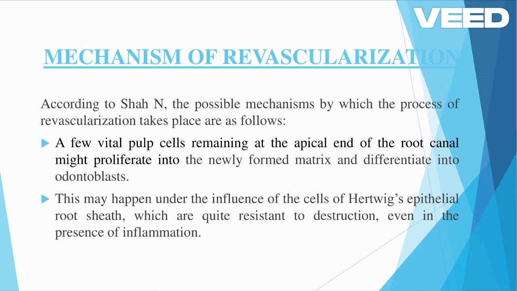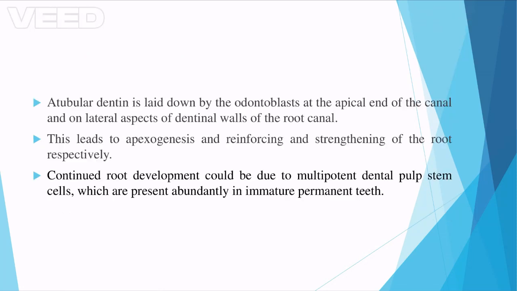This may happen under the influence of the cells of Hertwig's epithelial root sheath, which are quite resistant to destruction even in the presence of inflammation. A tubular dentin is laid down by the odontoblasts at the apical end of the canal and on the lateral aspect of the dentinal walls of the root canal. This leads to apexogenesis and strengthening of the root, respectively.